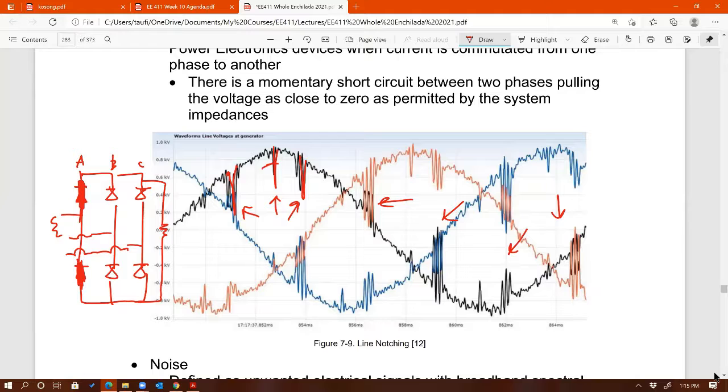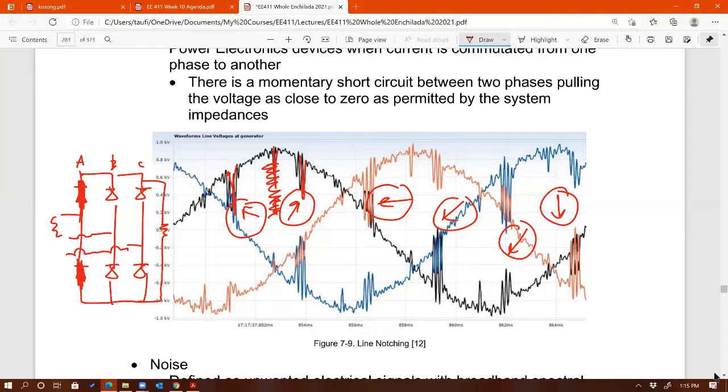It's not the peak, sorry, this is not part of it. That's something else. I don't know what that is. So it should be 1, 2, 3, 4, 5, and 6. Yes. So it'll be 6 notches per period, corresponding to the 6 diodes.